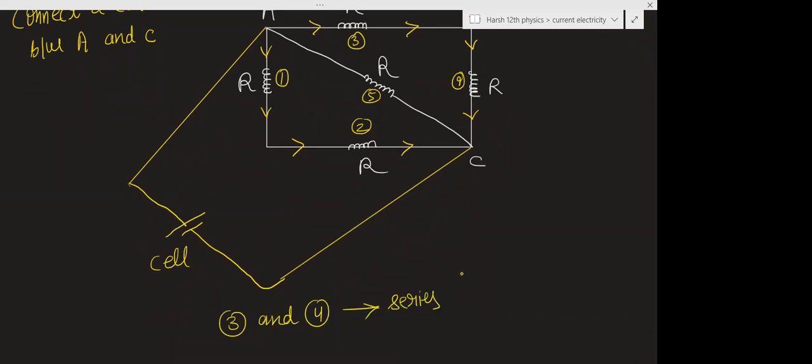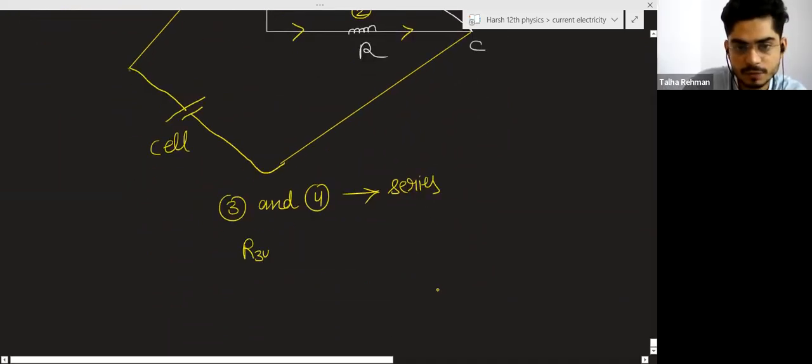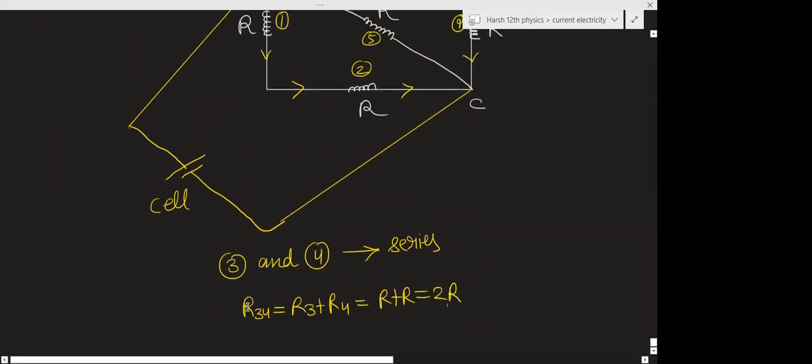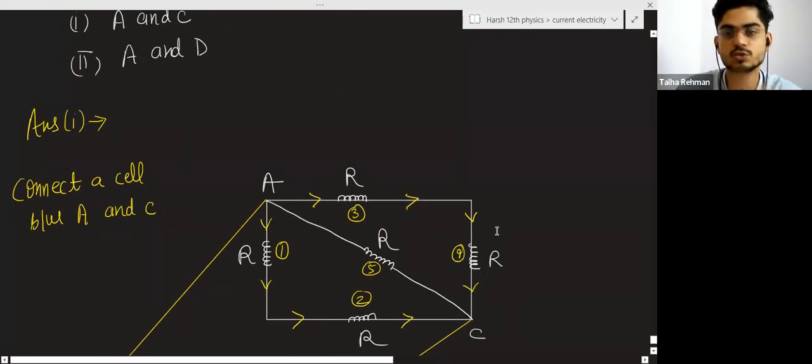So you can find R34, the equivalent of R3 plus R4, that is R plus R, which will become 2R. Have you got this? I have calculated the equivalent of these two resistances. So this is 2R.